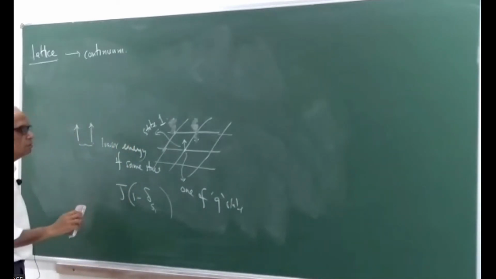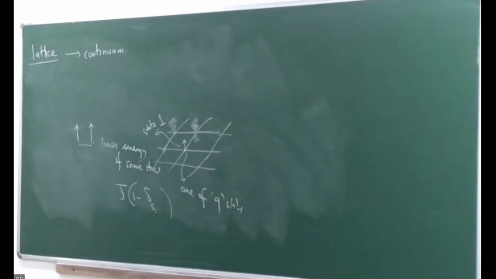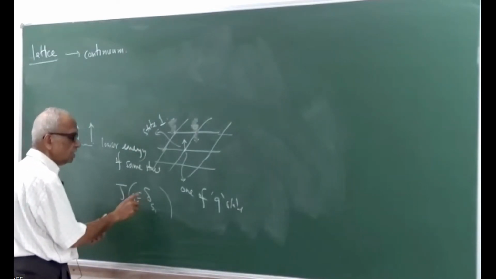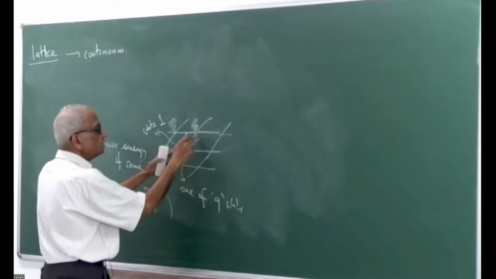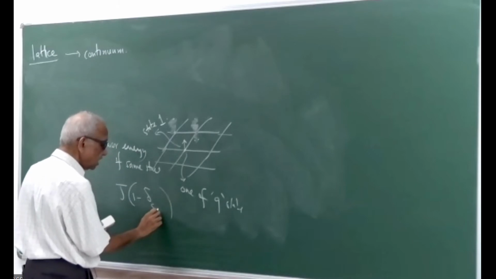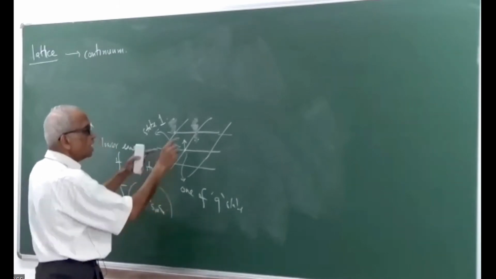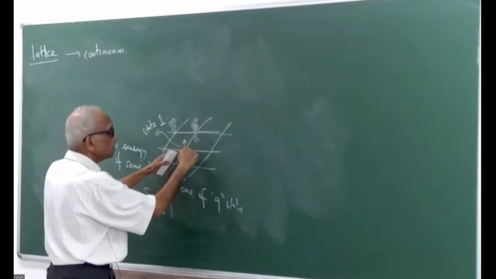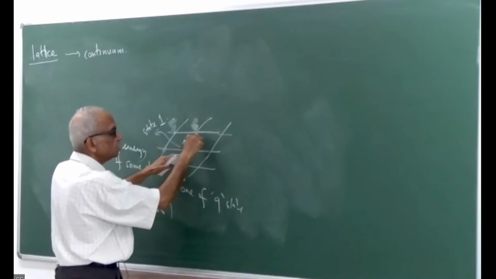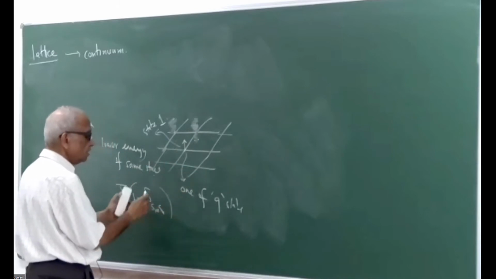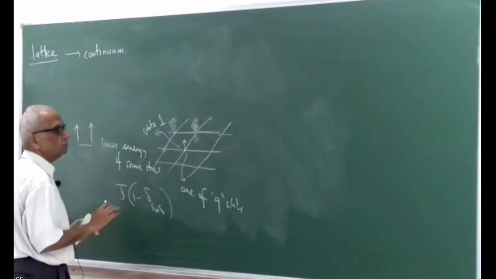Sir, one more thing. Is it a Dirac delta function or a Kronecker delta over there? What I mean by this delta function is that if this is in a state M and this is in a state N, and if this happens to be in a state M, which is the same as this state over here, then this is equal to 1.